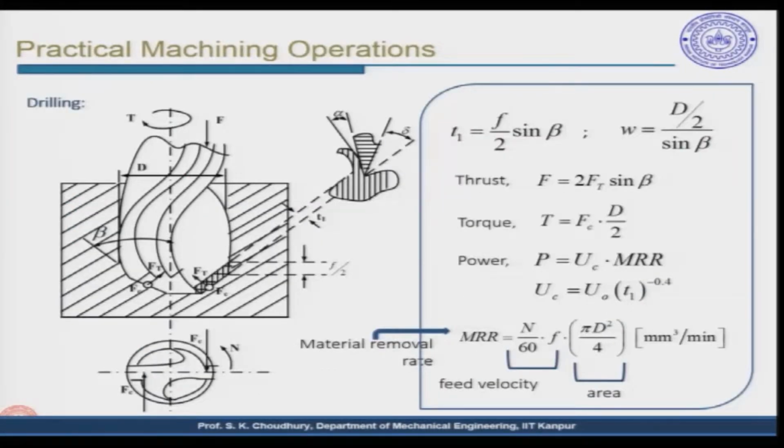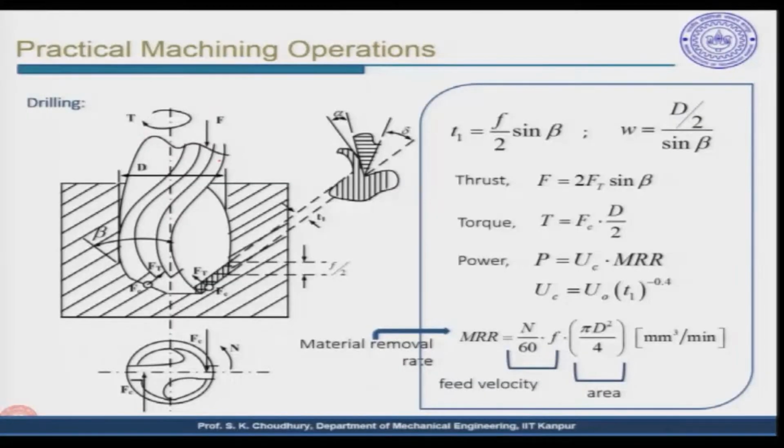Now, in case of drilling it is different, because first of all in case of drilling the forces are different, that is both the rotation and the feed is given to the tool, that is, to the drill, and here is a diagram shown. As you can see, suppose the drill initially was at this point, and with one movement of the drill it has penetrated from this point to this point.